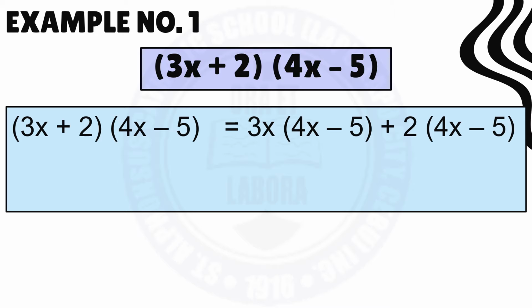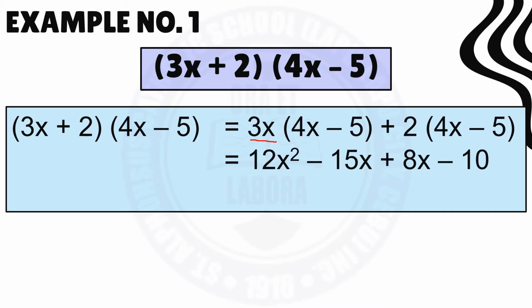So we have 3x from our first binomial factor, and 4x minus 5 from our second binomial factor; 2 from our first binomial factor, which is the second term, and 4x minus 5, which is also the second binomial factor. After which, we will distribute 3x to each term of our binomial factor.